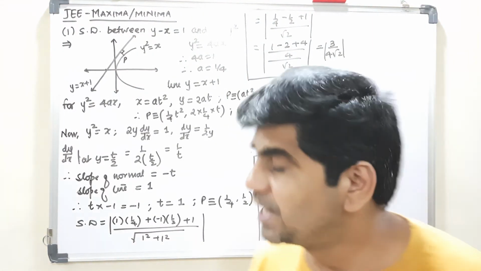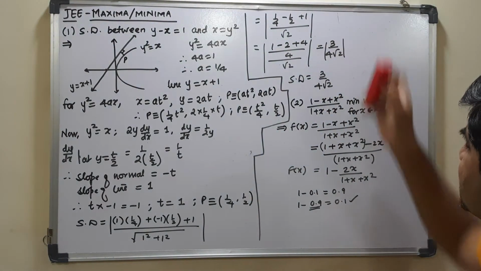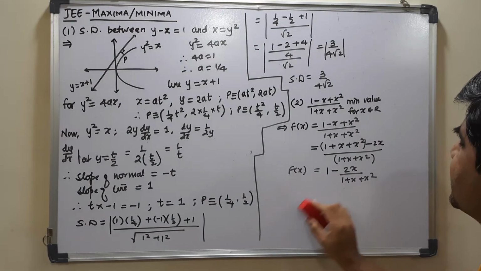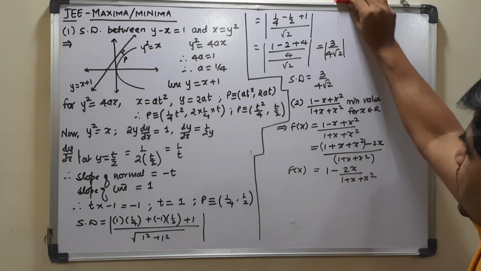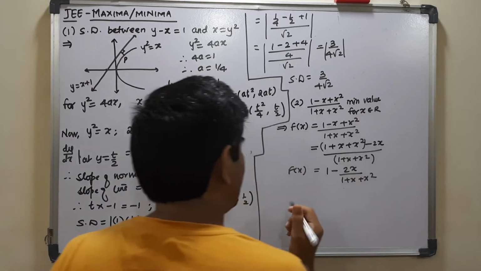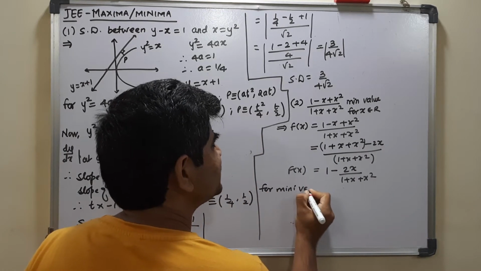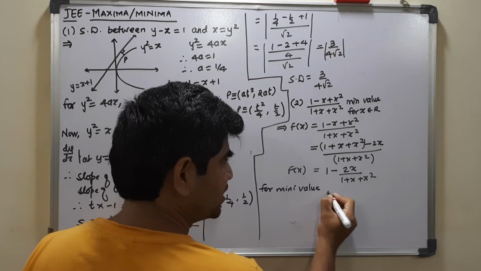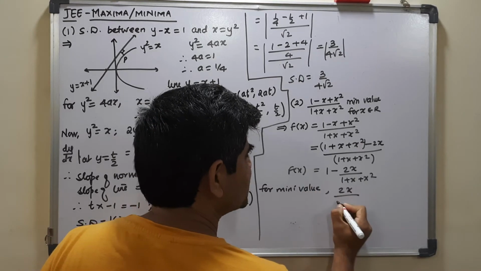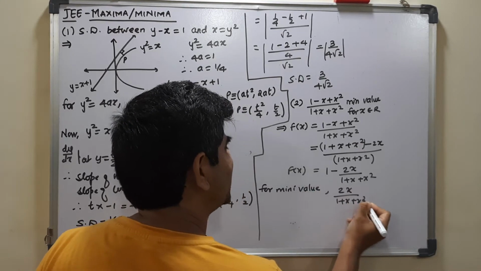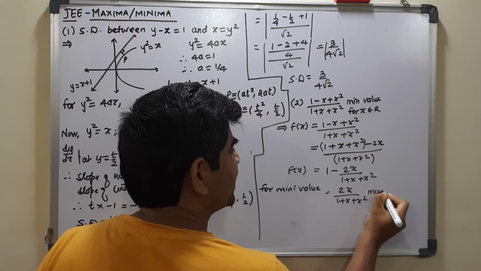To get the minimum value, this particular part, that is this 2x, for the minimum value of the function of x, this 2x upon 1 plus x square must be maximum.